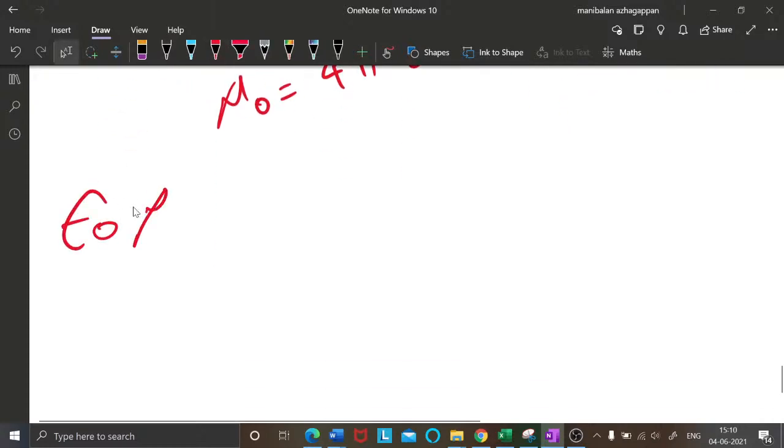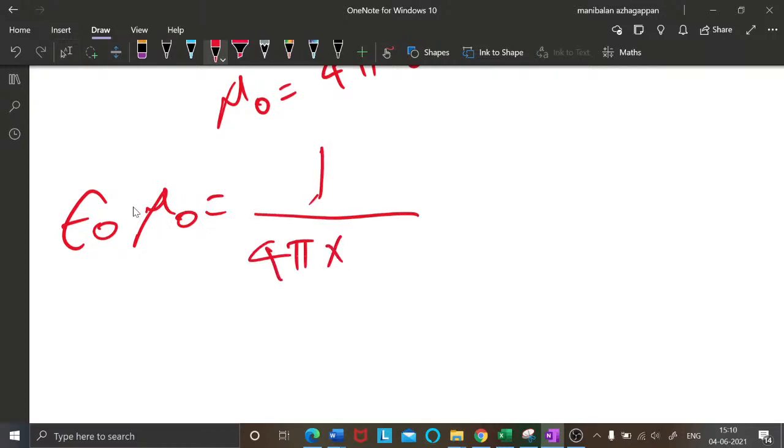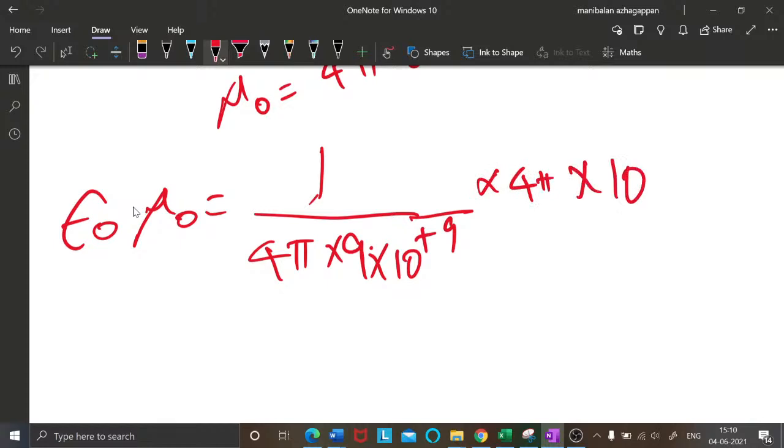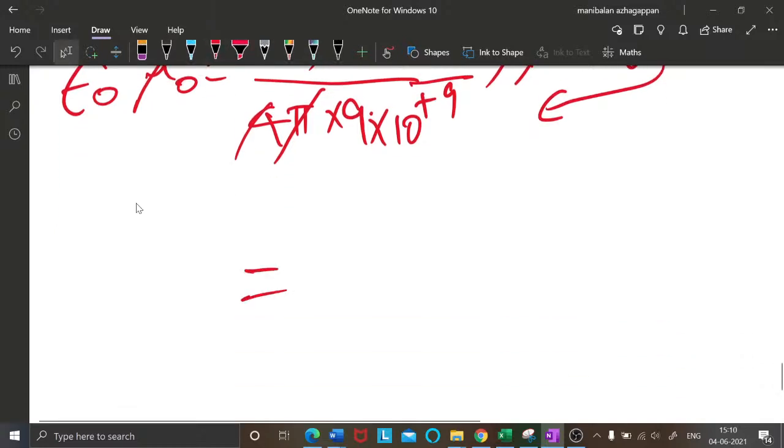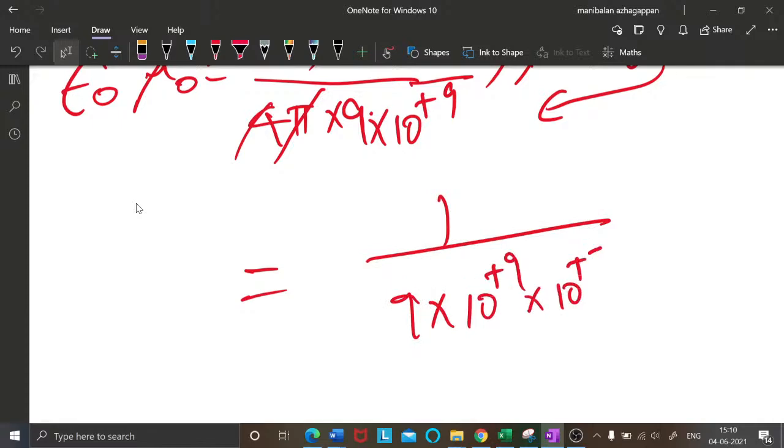Epsilon naught gives 1 divided by 4 pi into 9 into 10 power 9, the electric field constant, and mu naught gives the magnetic field constant, 4 pi into 10 power minus 7. The 4 pi gets cancelled. Minus 7 brought to the denominator becomes plus 7, so 1 divided by 9 into 10 power 9 into 10 power 7.